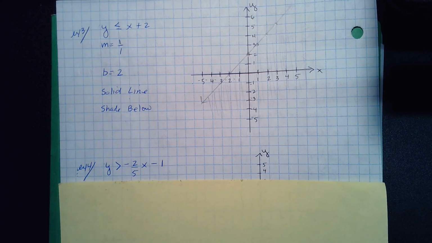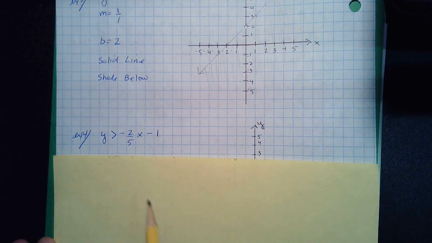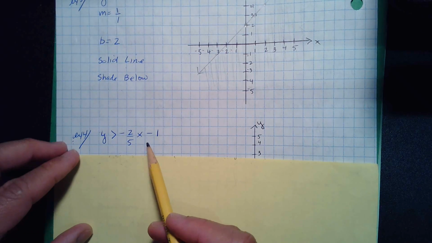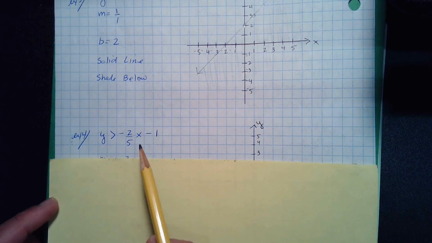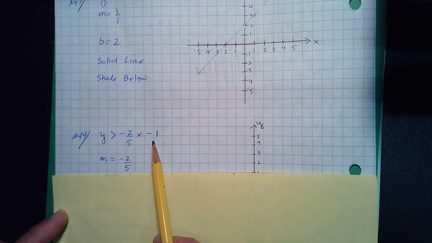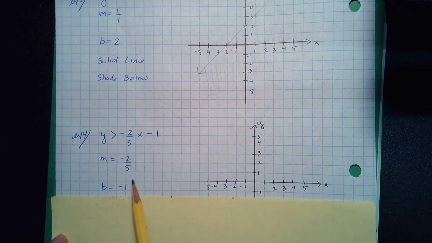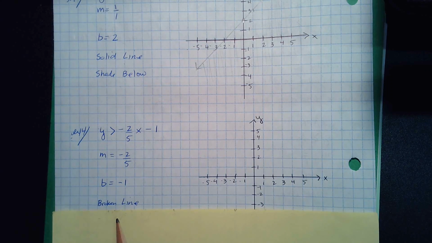Example 4, y is greater than -2/5 x minus 1. So identify the slope. Again, the slope is the number next to x, -2/5. The y-intercept is -1. Since there is no equal sign, the line is broken.